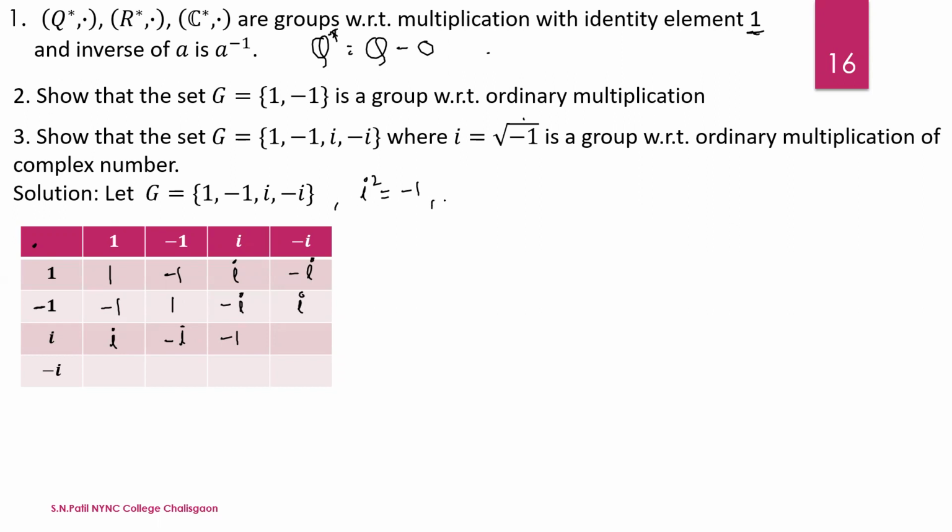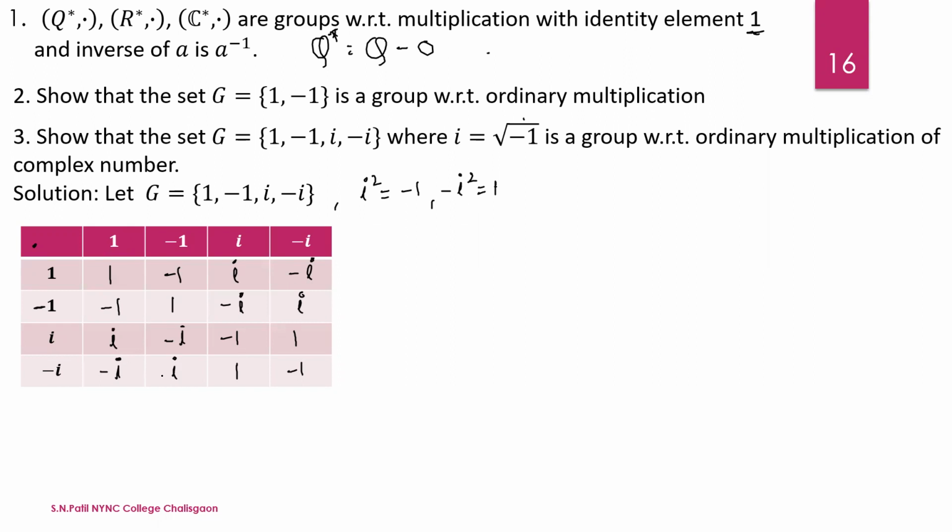If you multiply the minus sign, we get plus 1. Okay, minus I into 1 is minus I, minus I into minus 1 is plus I, minus I into I is minus I square, and with this minus sign that is plus 1. Minus I into minus I, minus minus is plus, and I square is minus 1.